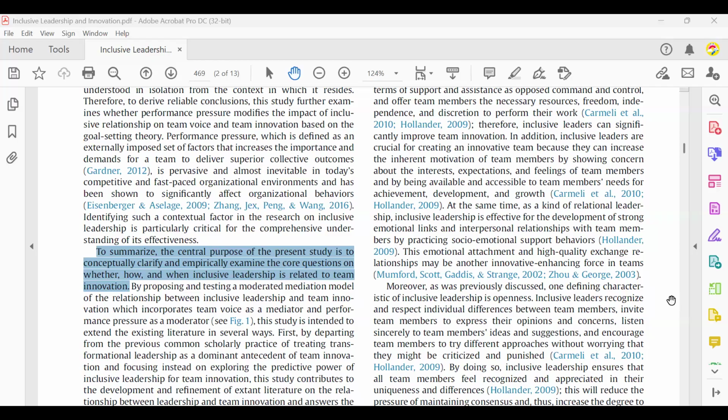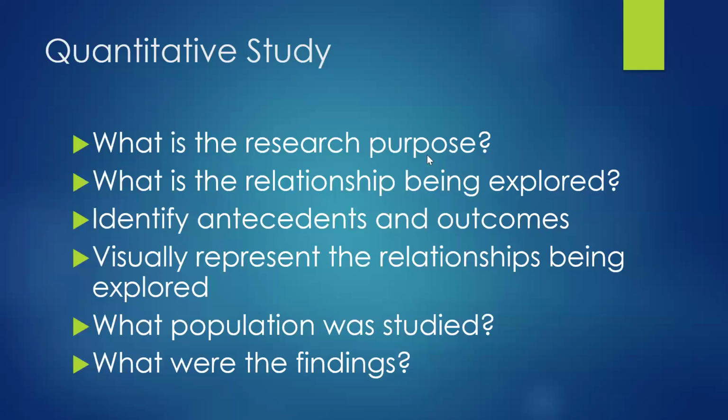So earlier we had talked about the different components of an empirical study, and we said that we want to identify the purpose of a study clearly. So now we have identified all that we said we would in an empirical study. We identified the research purpose. We looked at the relationships being explored, right?